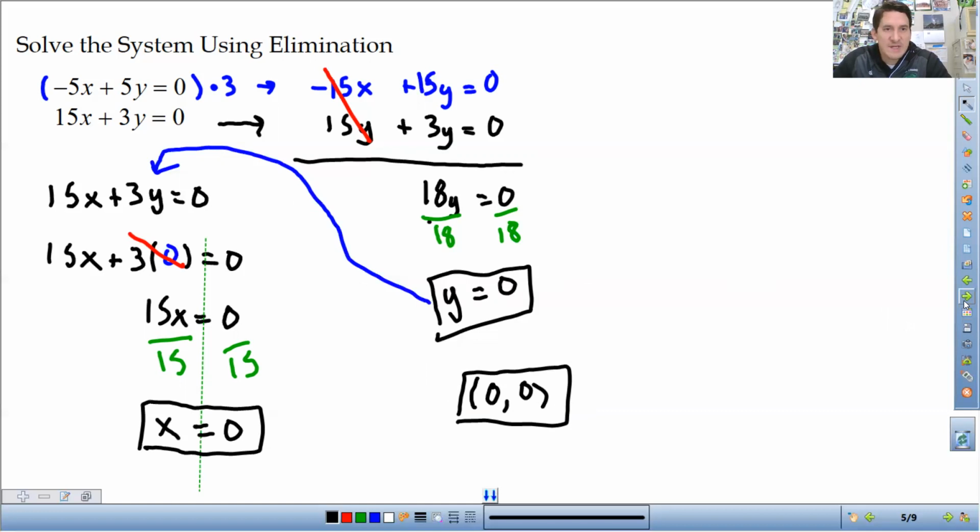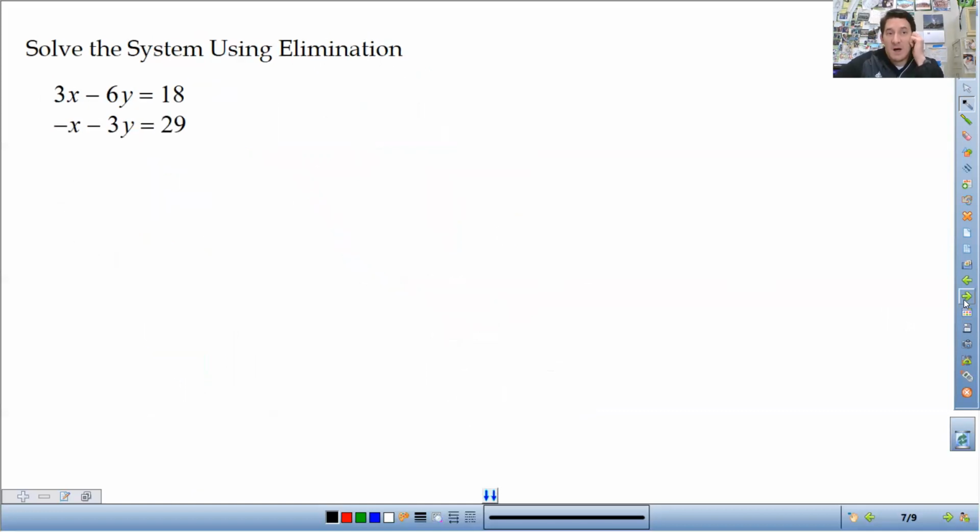A couple more examples here. So you solve the system using elimination. So we have 3x minus 6y is equal to 18. Negative x minus 3y is equal to 29. So now we have some options here.